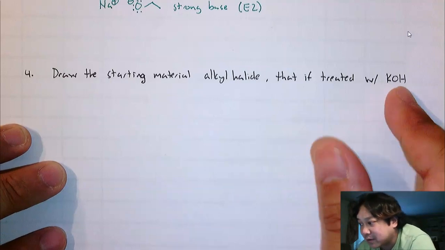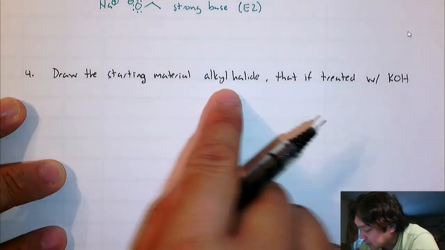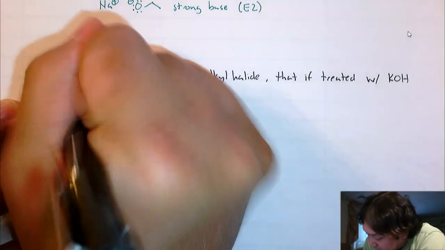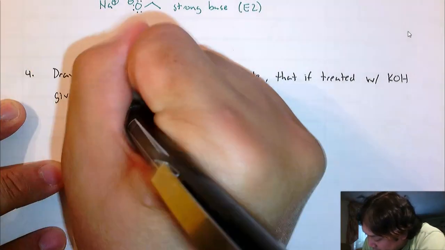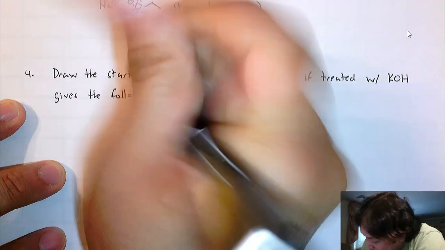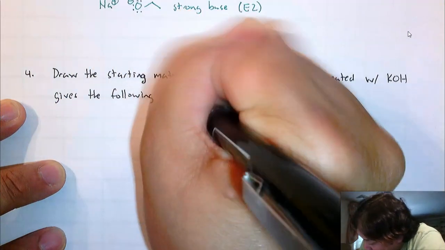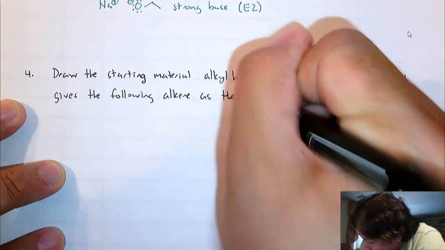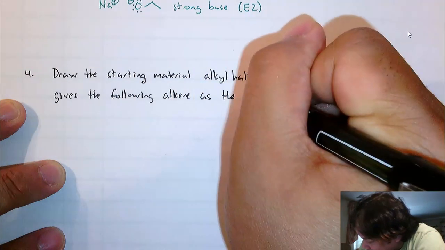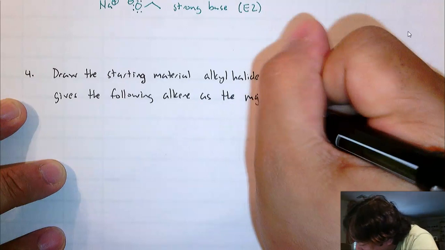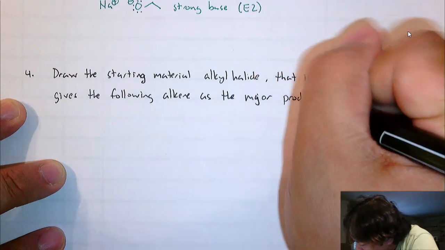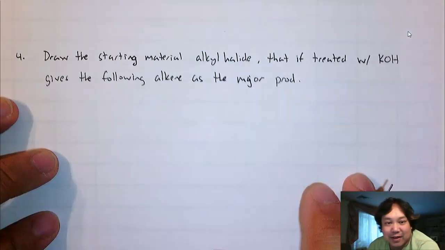We're doing the E2. So draw the starting material alkyl halide that if treated with KOH gives the following alkene as a major product. I'm rushing a little bit.